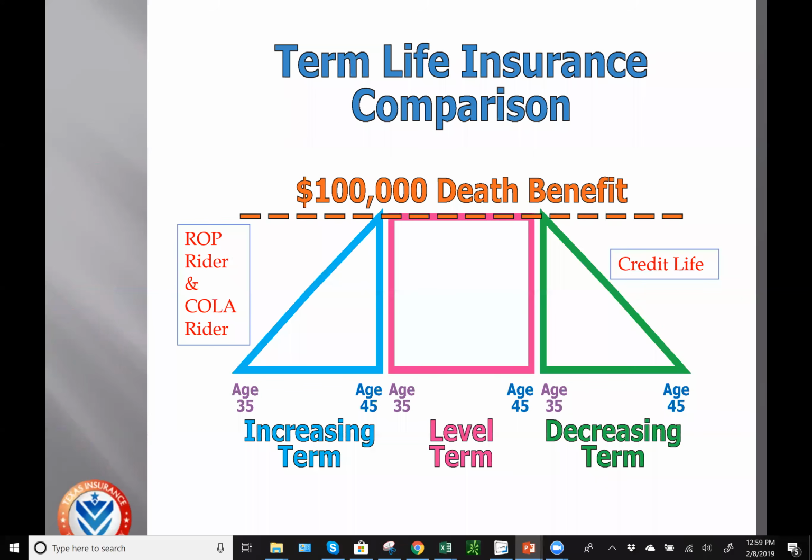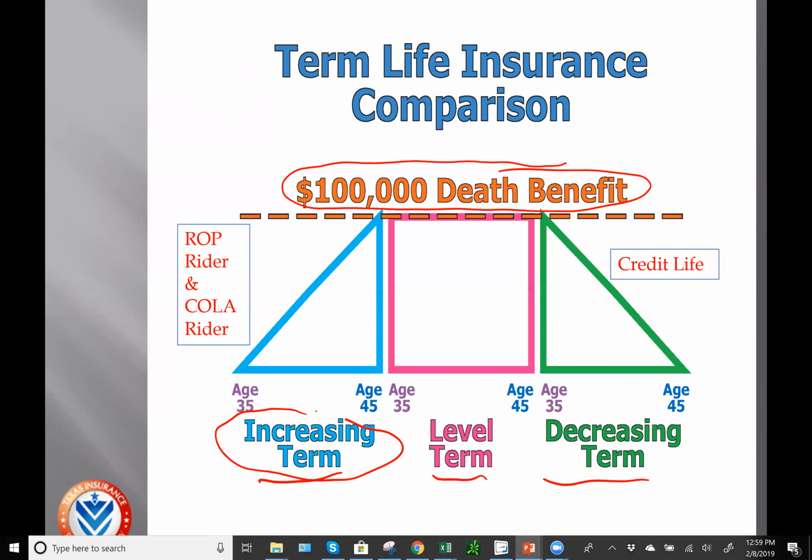All right, let me give you a quick visual here on your term policies. Once again, you've got your level term, increasing term, and decreasing term. Remember, those are all about the death benefit, nothing about the premium. Increasing term, the only time you will ever pick it is if you see a return of premium rider or possibly a COLA rider.